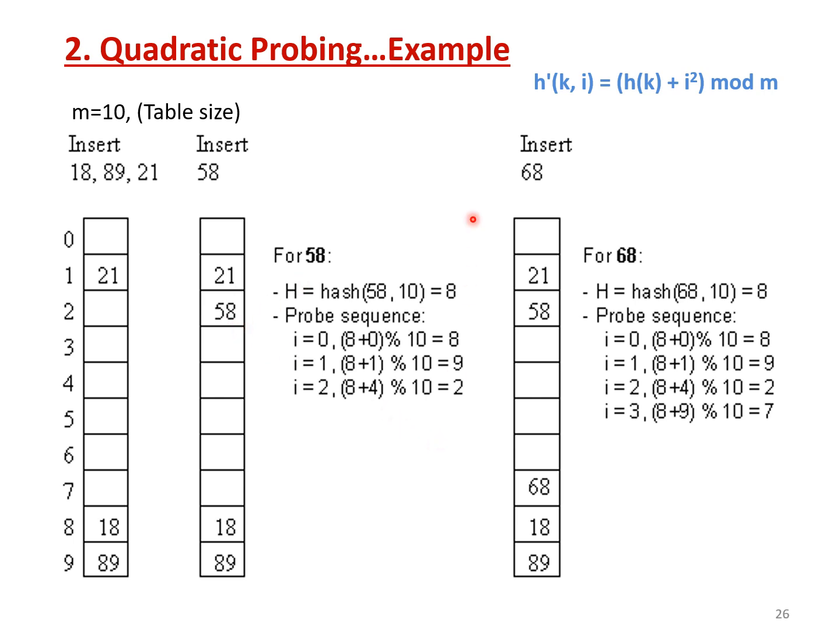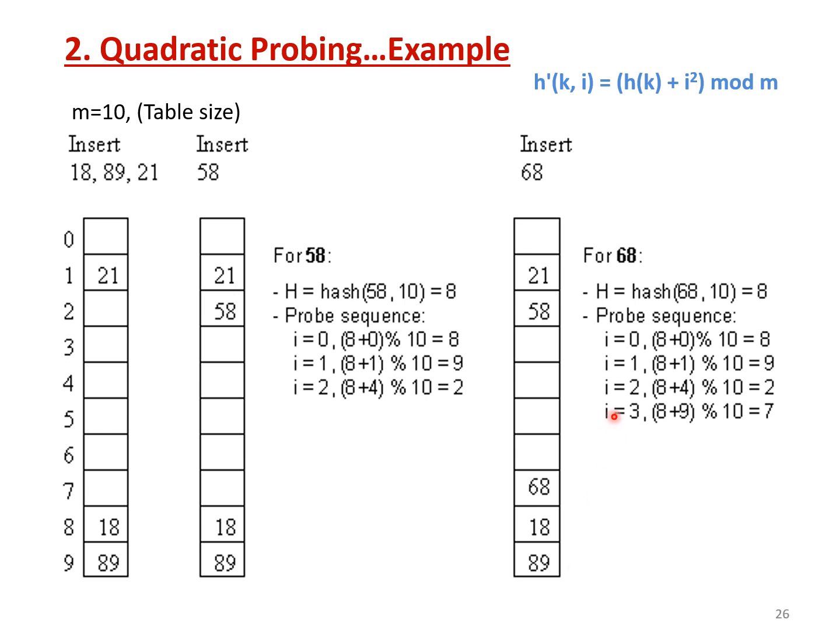Now we consider inserting 68. So in the 0th probe, it gives the index value 8 and the location 8 already contains the number 18. We cannot insert it, it is a collision. We will go to the first probe, it gives the index value 9. Again, in the 9th location, we have already stored 89, it is a collision, we cannot insert it, we have to go to the next probe.